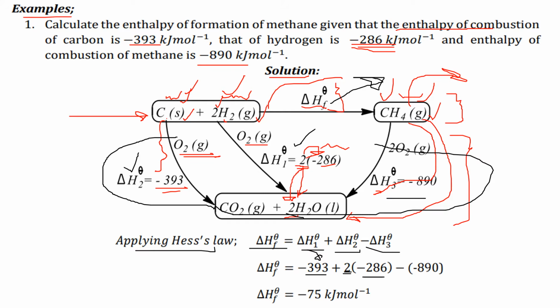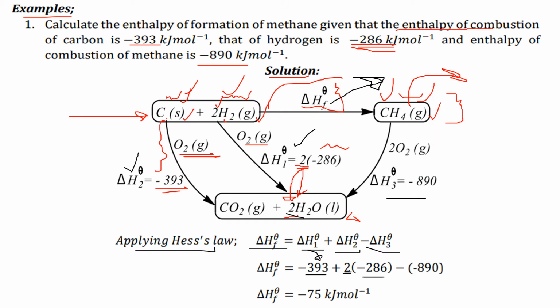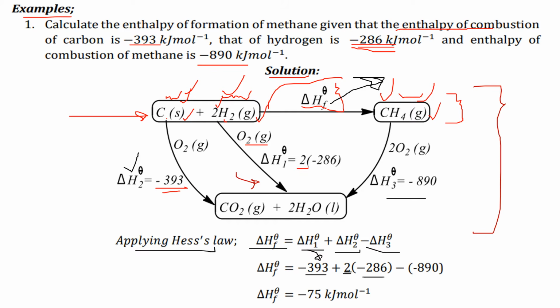The reason why we are saying minus is because when you look at this structure, you see that all these arrows are going to the anticlockwise side. And everything in thermochemistry that's going to the anticlockwise side is positive, and everything going to the clockwise side in this topic is negative.